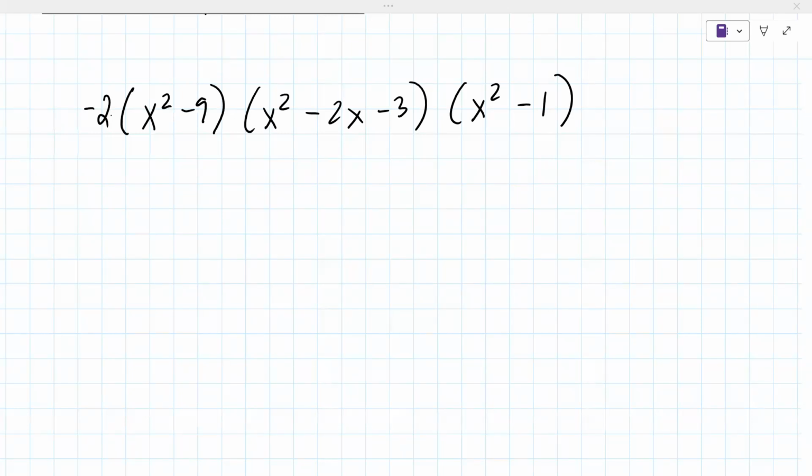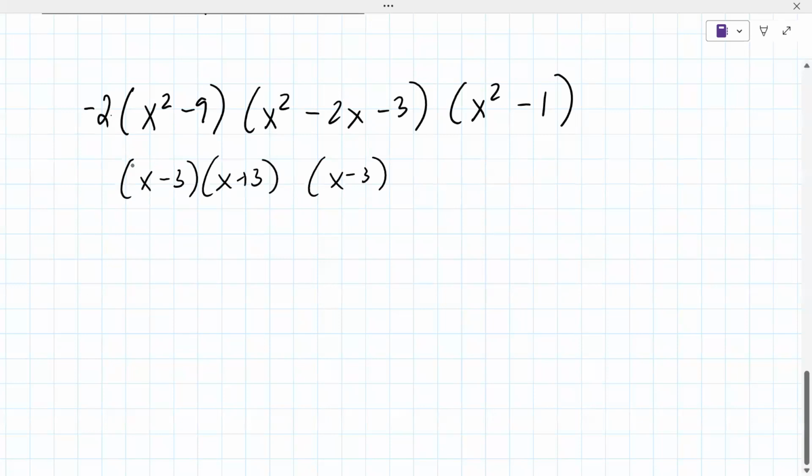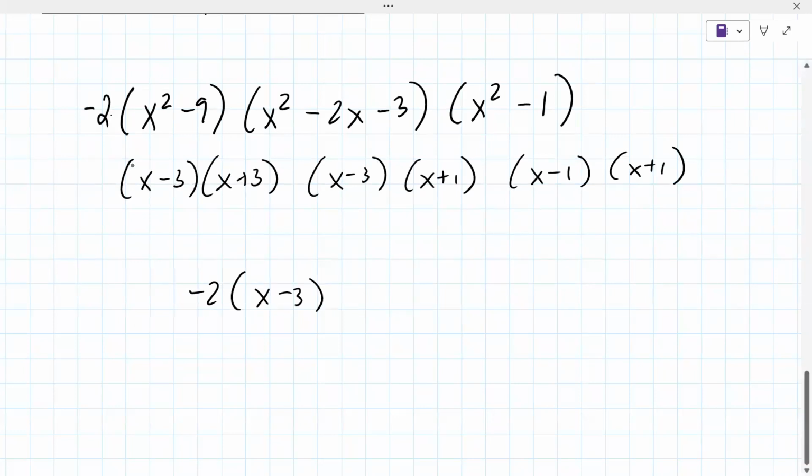All right, so I ended up factoring it. So at the end, I got -2, x plus 3, x minus 3, then x minus 2, x minus 1, and a lot of duplication here. Sometimes you write them in some sort of order here. I think you got two of those.